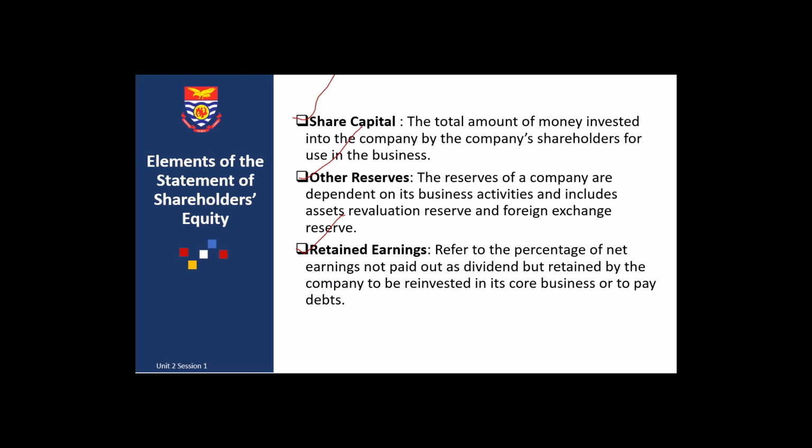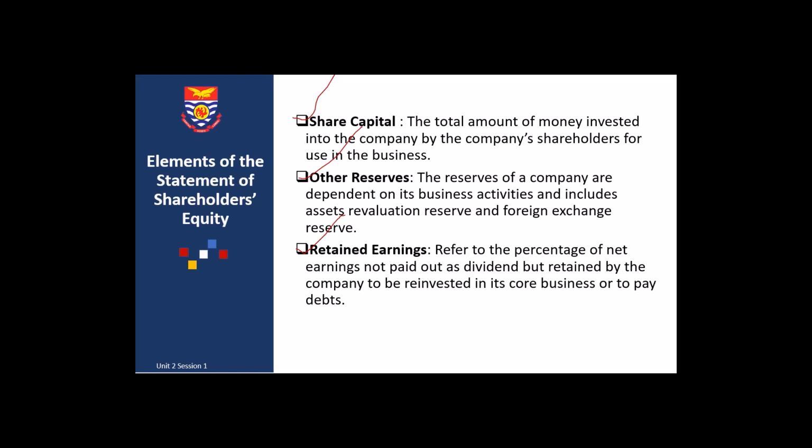Now, retained earnings is the third element, and it refers to that percentage of net earnings or net income that is not paid out as dividend to shareholders, but is retained by the company to be reinvested into the core activities of the business, or used to settle debts that the firm has.